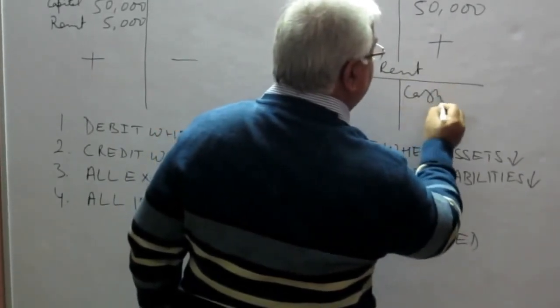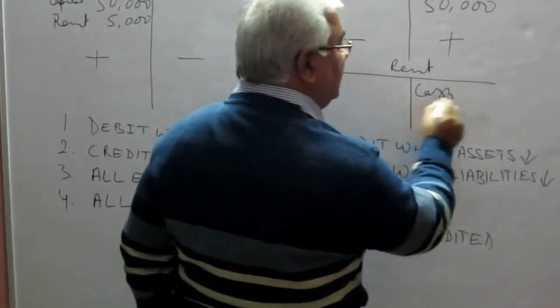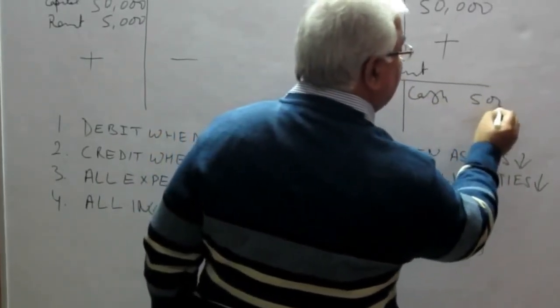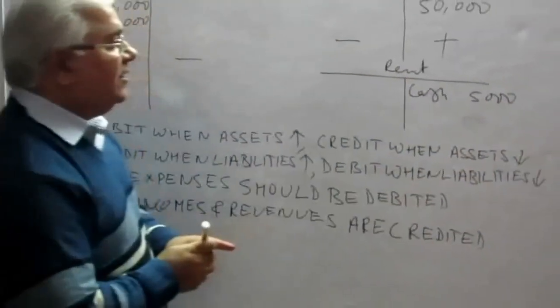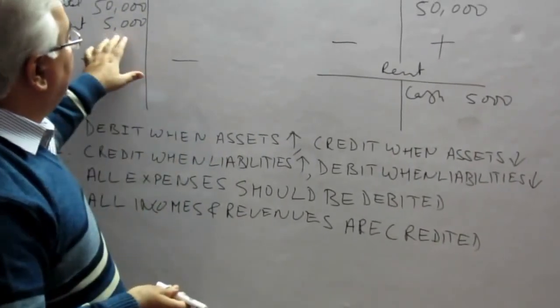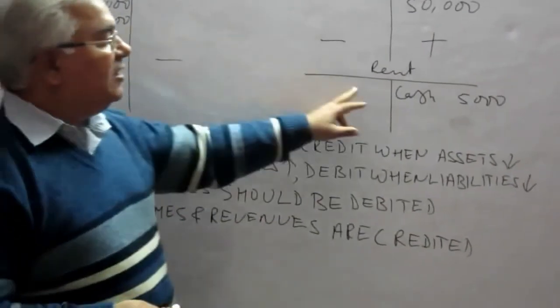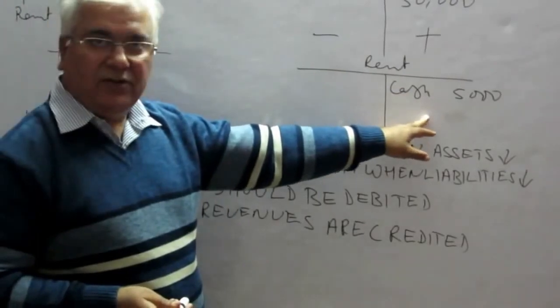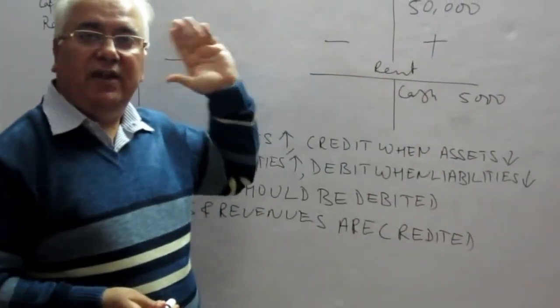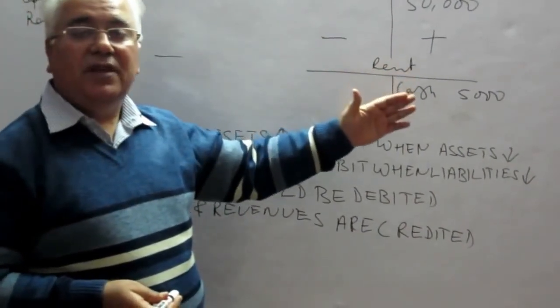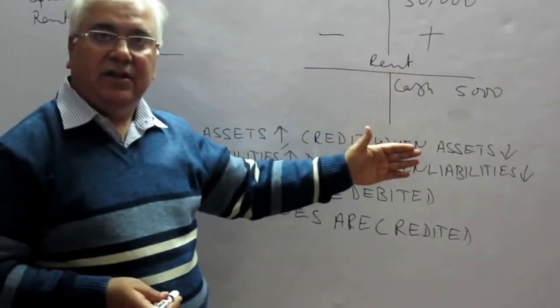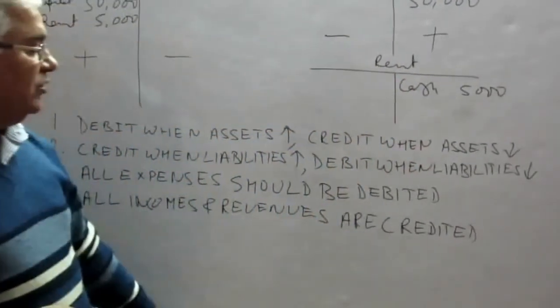Here, for reference purposes, it will be given that we received this amount in cash. Since 5,000 has been debited to the cash account and 5,000 credited to rent, the accounting equation will remain the same. So we are maintaining the accounting equation by following these rules.